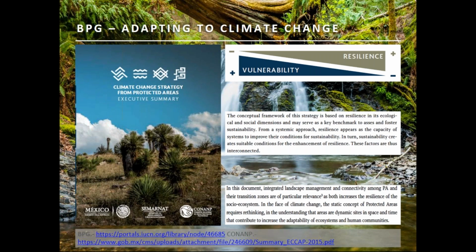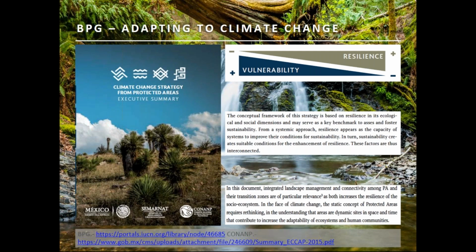But to complete that instruction of incorporating climate change into national policy, there was a first strategy for climate change, called the Climate Change Strategy for Protected Areas. Basically it was a classic strategy that identified mitigation and adaptation strategies for protected areas.